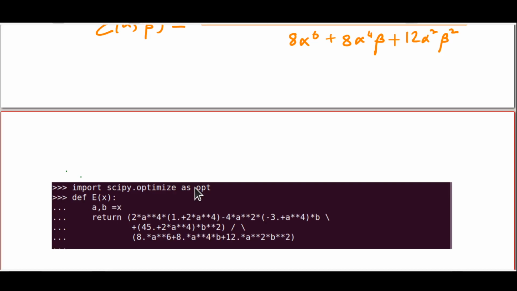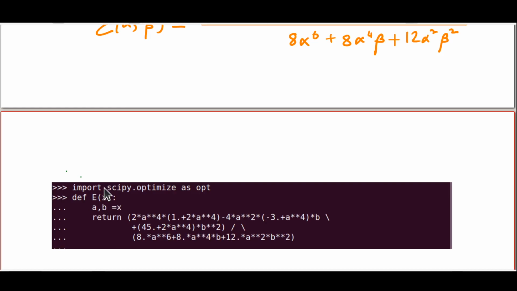The next step is to define our function which we want to extremize. This function has to be a function of a single NumPy array or a list. X contains the two quantities that we want, alpha and beta. Of course, we don't call them alpha and beta here.